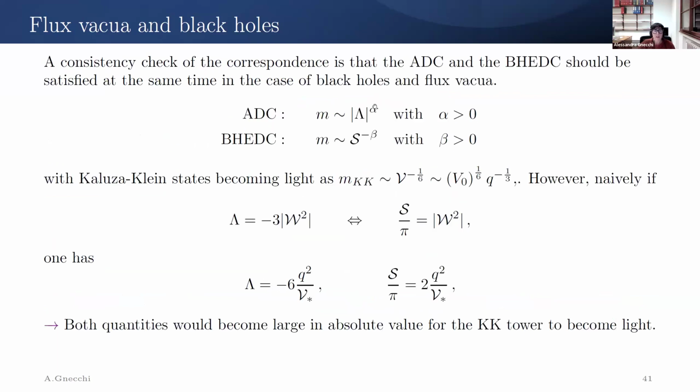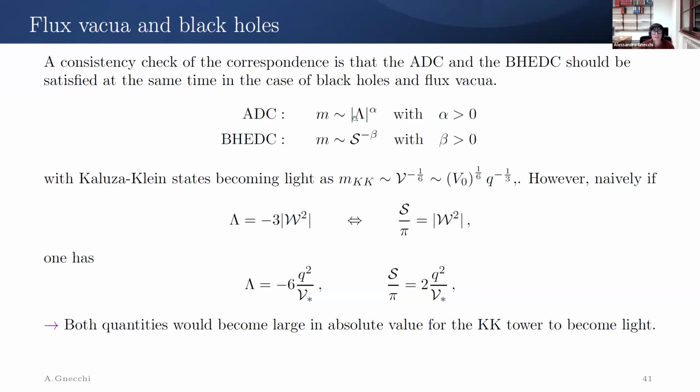What are these two conjectures that should be realized analogously and in the same way? One is the anti-de Sitter distance conjecture, and the other is the black hole entropy distance conjecture, the one that I just explained in terms of black holes. The AdS distance conjecture tells us that if we have anti-de Sitter space, then a vacuum that has flat space, so zero cosmological constant, is at infinite distance from our anti-de Sitter space.